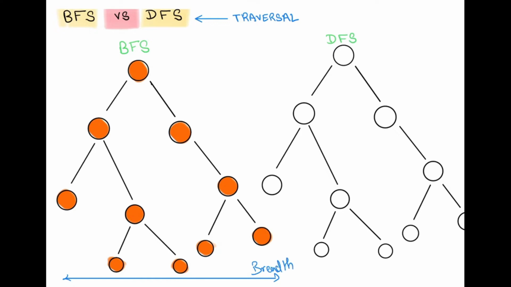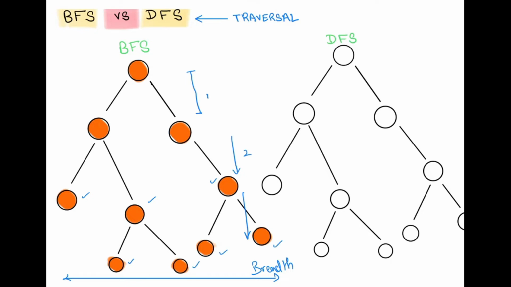If I were to talk about levels, this is level 1. We go down a level and cover the breadth first, then we go down one more level. We are at level 2 now, and we cover the breadth first, then again we go down and cover the breadth first.